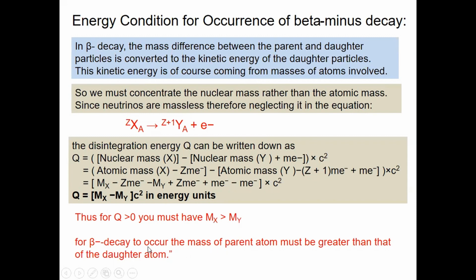For beta decay to occur, the mass of the parent atom must be greater than that of the daughter atom, and such a reaction will take place. I have not gone through this, but you can satisfy yourself that the masses of the electrons cancel out in the reactions, and we get the net answer in terms of the masses of the parent nucleus and the daughter nucleus.